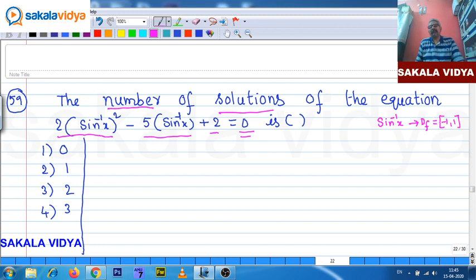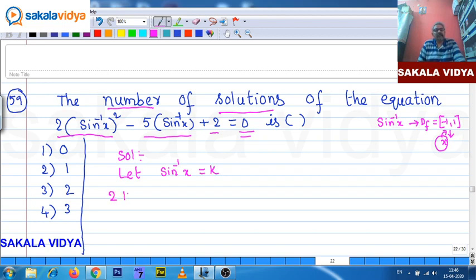Am I correct? So, x should lie in this interval. So, we just need to solve the quadratic equation, that is all. First of all let us introduce a new variable. Let us say sin inverse x is equal to k, or theta, or anything you can write.